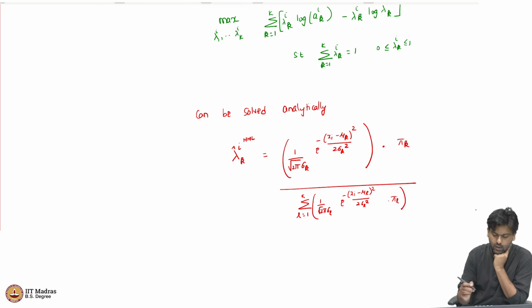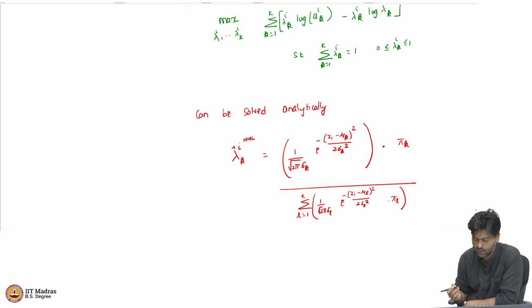Okay, so this looks like a complicated formula, but it isn't. What is this saying? I am trying to ask, if I fix the parameters, if I told you what the means, the variances and the pi's are, then what is the best guess for lambda hat ik? What is lambda hat ik representing? It is representing the probability that the ith point goes to the kth cluster.